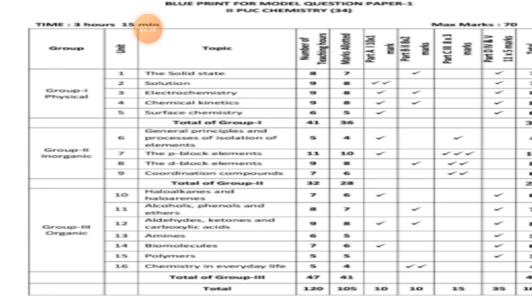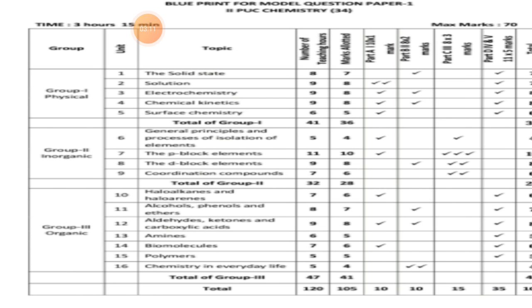So in total there are 16 topics in the chemistry syllabus, and there are 2 parts of the book. Part 1 consists of 9 topics and part 2 consists of 7 topics. The first topic, from part first, is solid state, which has 8 lectures and 7 marks weightage.